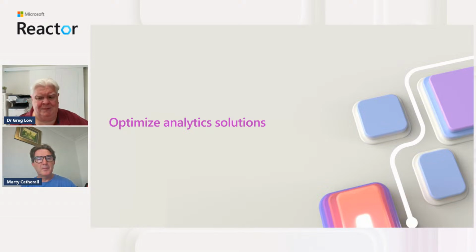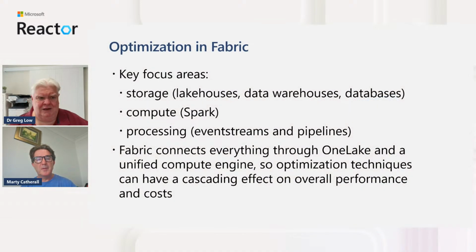And so for many people who come from the data engineering side of things and are moving across to Fabric, this is one of the areas that most people end up finding easier than others. But if you look at the key focus areas, you still need to worry a lot about how storage is optimized. And importantly, not just in one form. So this is in lakehouses, or if you have data warehouses, or if you have databases and so on, you need to be comfortable with all of those.